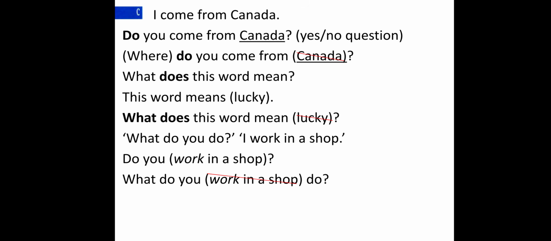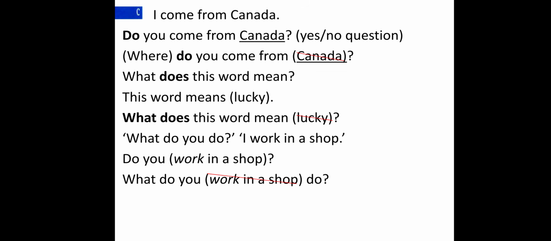What do you do? The answer is "I work in a shop." If we look at the sentence "I work in a shop," it is a permanent action in the present simple and the subject is plural. So the verb is in the base form without any addition.